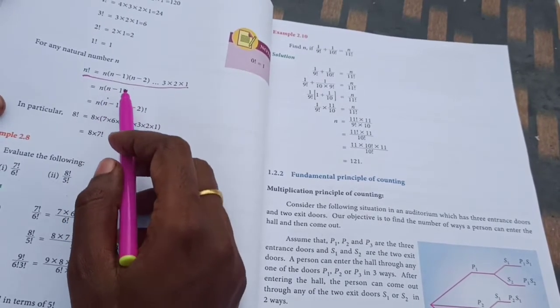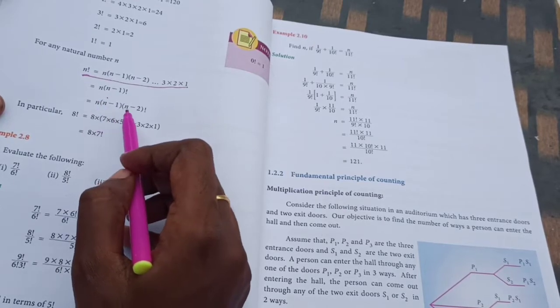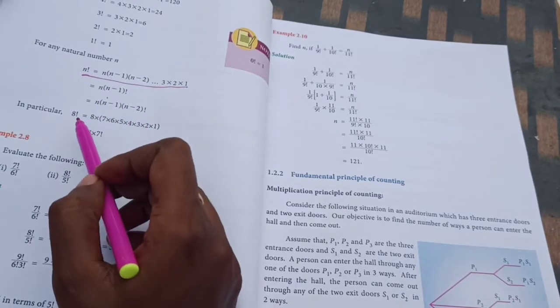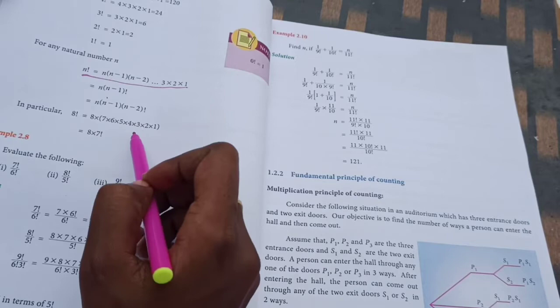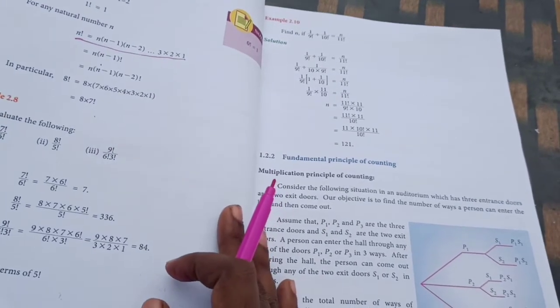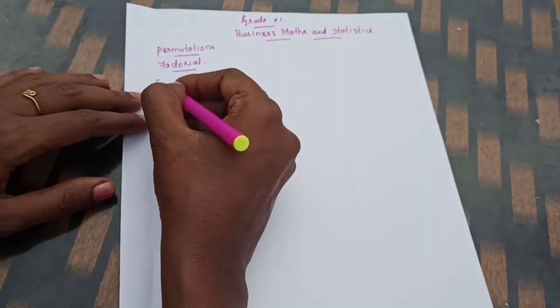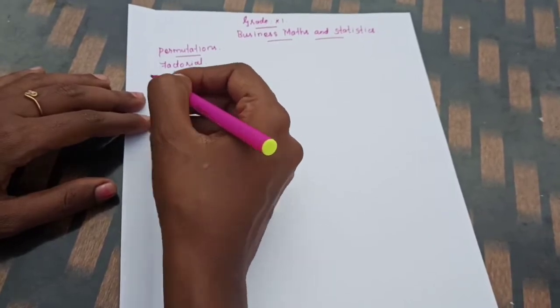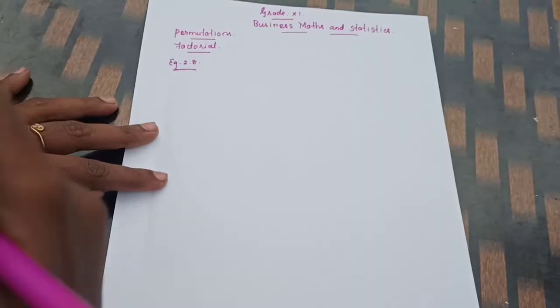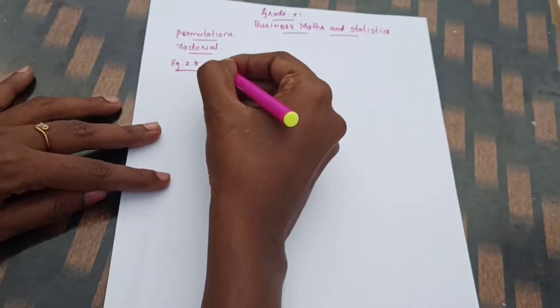So here n factorial is n into n minus 1 factorial, or n into n minus 1 into n minus 2 factorial. Shall we move to the problems? Example 2.8. Evaluate.